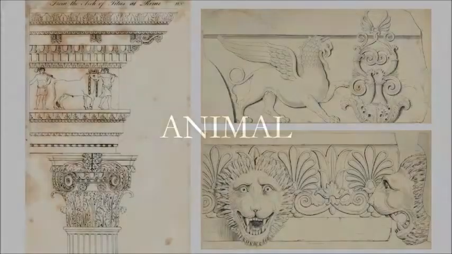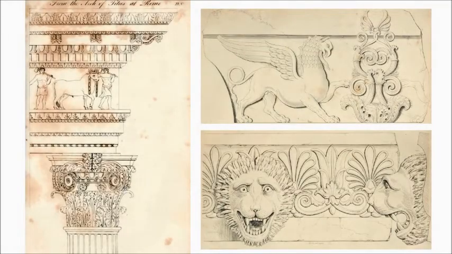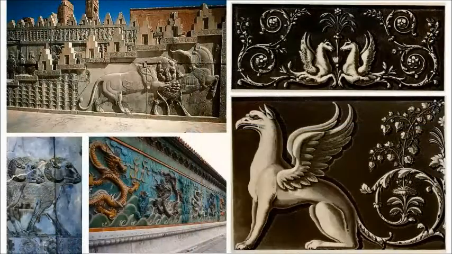Next, we have the category of animals. When we find animals in architectural ornament, we can find anywhere from typical sacrificial animals, like in the frieze there on the left, or we can find mythic animals, like a sphinx, as well as lions.